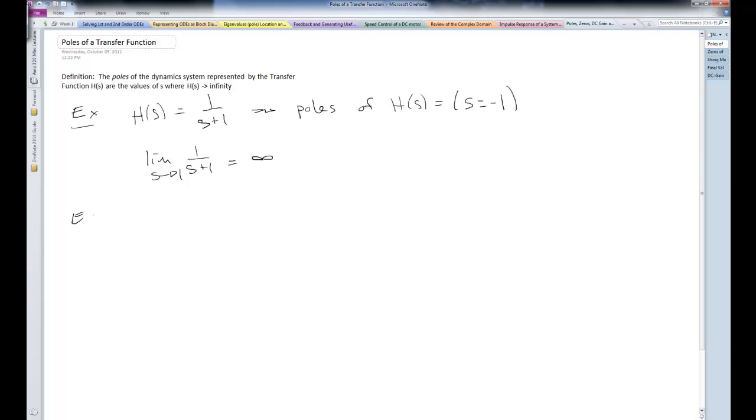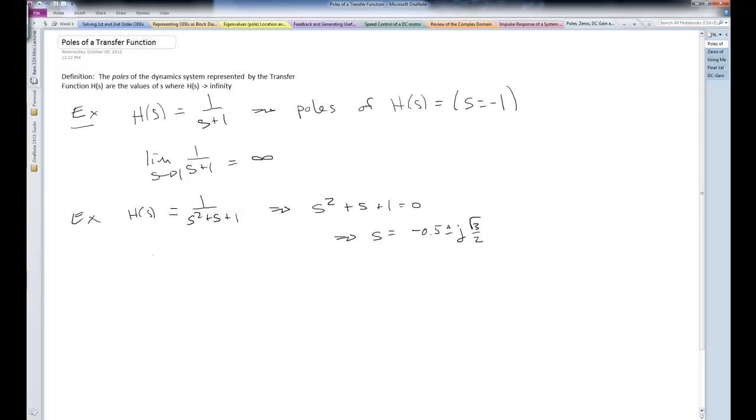We could also look at, say, h of s is equal to 1 over s squared plus s plus 1. Then the places where s squared plus s plus 1 equals 0, using the quadratic equation, we get s equals negative 0.5 plus or minus j times the square root of 3 over 2.